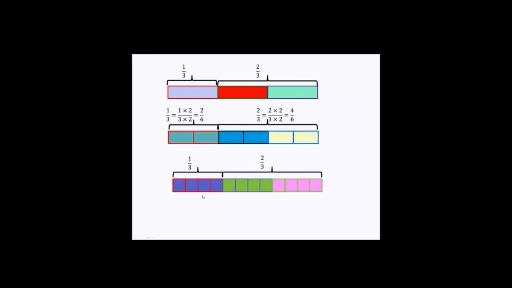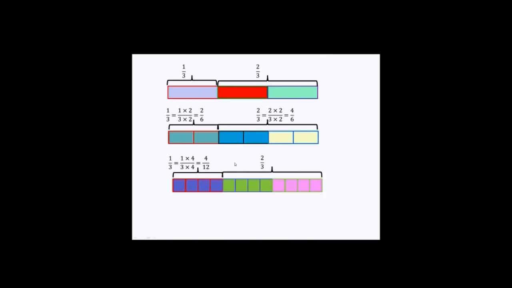I have one group of 4, so 1 times 4, one group of 4 out of 3 groups of 4, right? 1, 2, and 3. 3 groups of 4. So 1/3 is the same as 4/12, because one group of 4 is 4, 3 groups of 4 is 12. You can even count by hand, even if you don't know how to multiply.